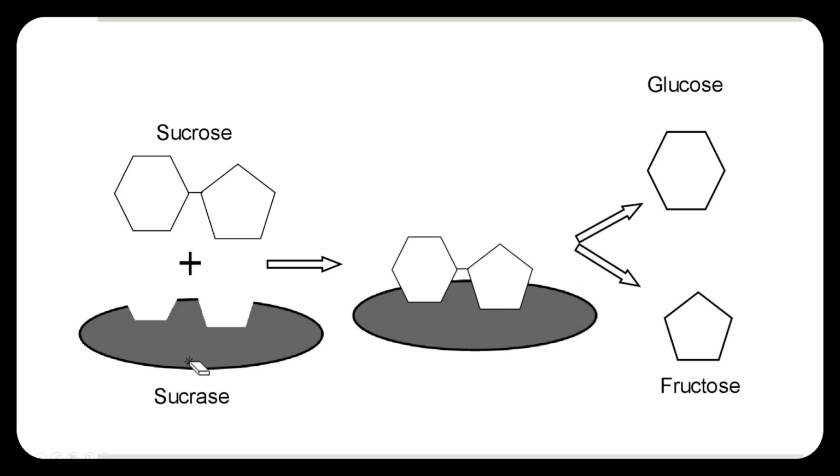This active site then twists or opens just a little bit, which is enough to break this bond. Then what gets released is glucose and fructose. So we take a complex carbohydrate and break it down to a simple carbohydrate.